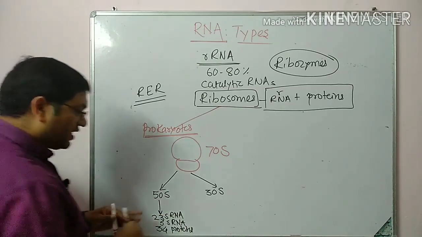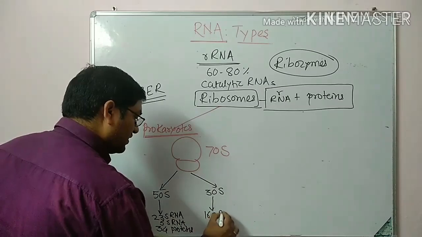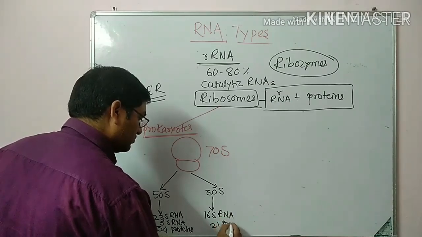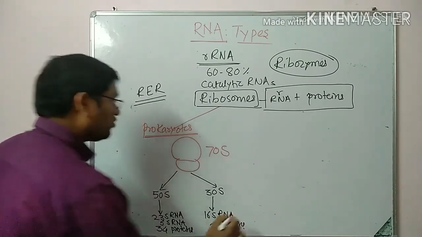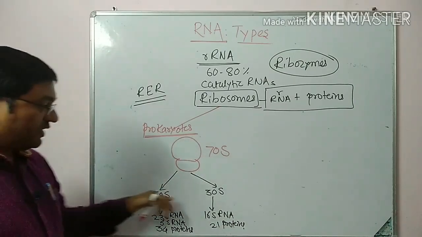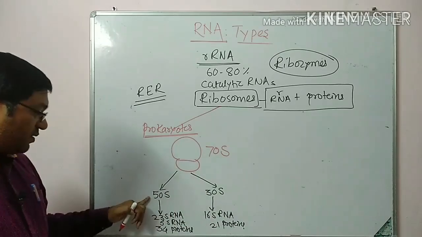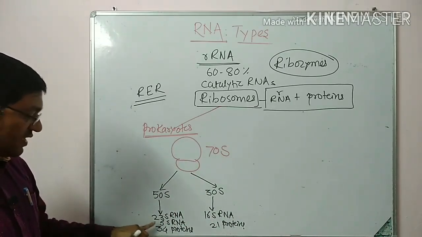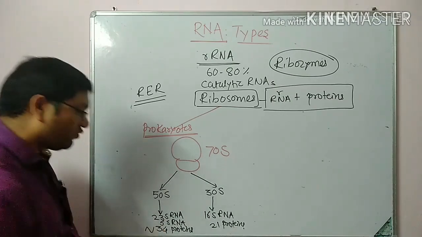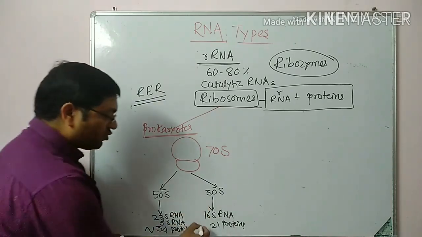While the 30S subunit is made up of 16S RNA and 21 proteins.